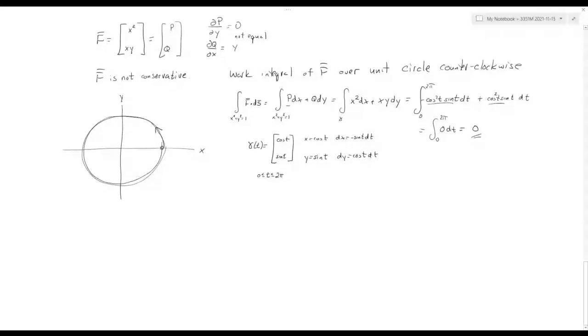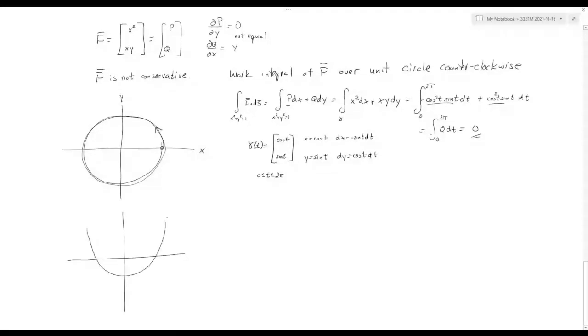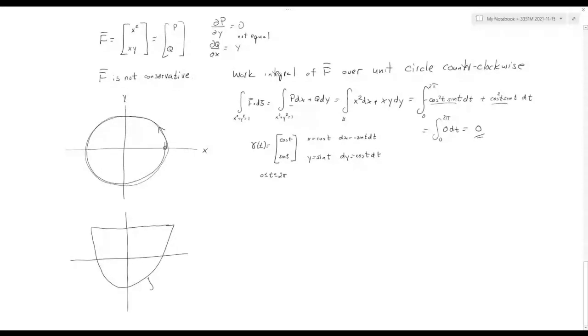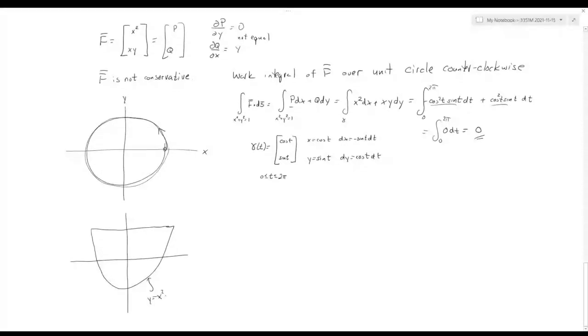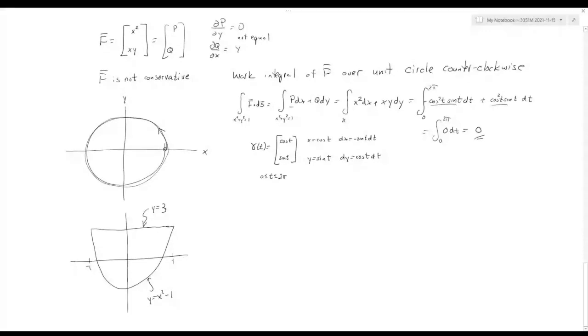So for example, if we take maybe a path where this is y equals x squared minus 1, and this line is, let's just say, y equals 3, so this would be 2 and negative 2 instead.